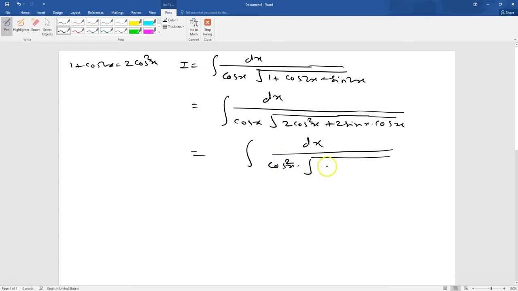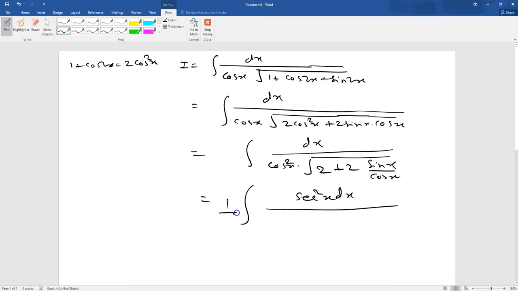Now यहाँ से cos square चला गया, so this will be 2 plus 2 sin upon cos, क्योंकि cos square हमने निकाला, यहाँ पे एक ही cos था, sin upon cos आ गया. Now 1 upon cos square will be what? sec square x dx upon ये अंडर रूट 2 जो है वो बाहर ले लेते हैं. सो बचा क्या? 1 plus tan x.